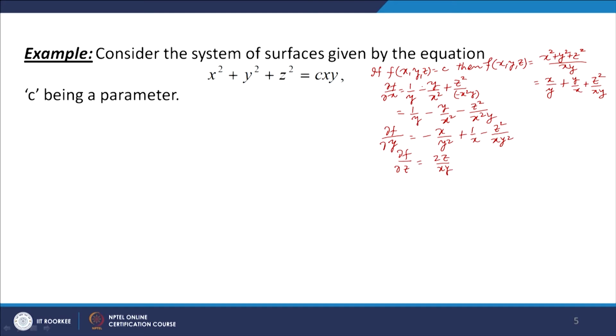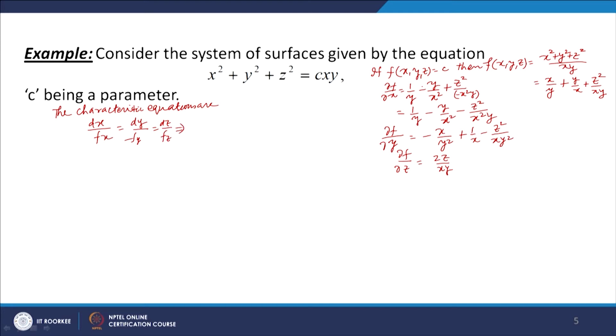So, the characteristic equations are dx over f x, dy upon f y, dz upon f z.